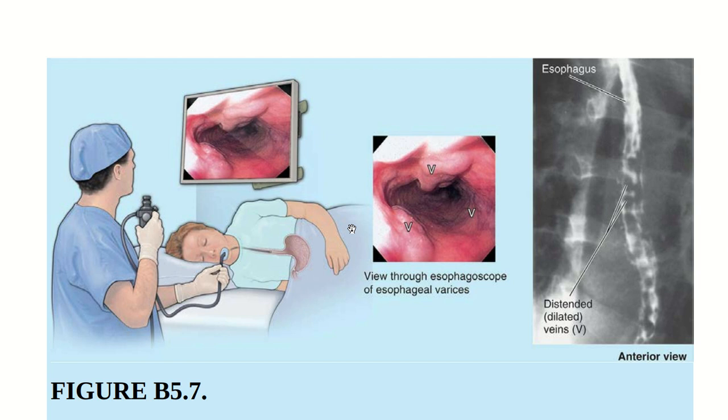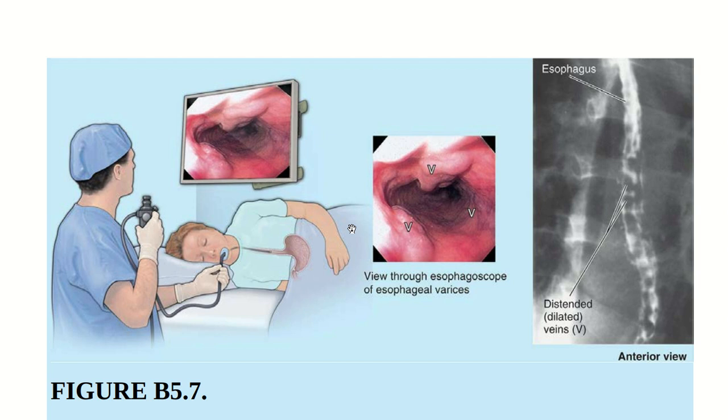So when there is portal hypertension, remember that the esophageal veins of the abdominal esophagus also drain into the left gastric vein, and the left gastric vein drains into the portal vein, and we have some veins in the esophagus that will drain into the azygos veins. Remember, the azygos vein will drain into the superior vena cava, remember? Good. So you're going to have a reversal of blood flow.